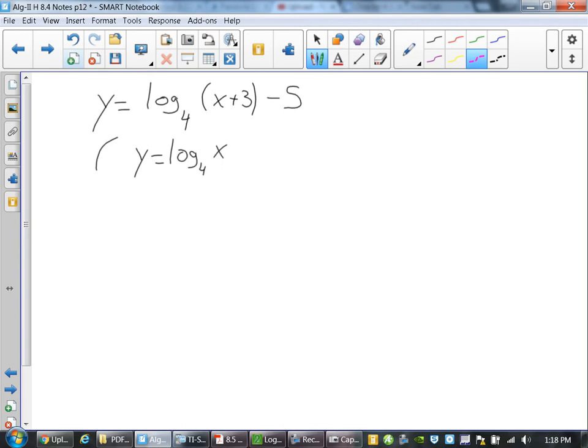Since my base is 4, what's the other x value I'm going to pick? 4. Easy. So I have the log base 4 of 4. That equals 1. So there's my ordered pair, 4 and 1. Then I do the log base 4 of 1, and that equals 0. So my other ordered pair is 1 and 0.